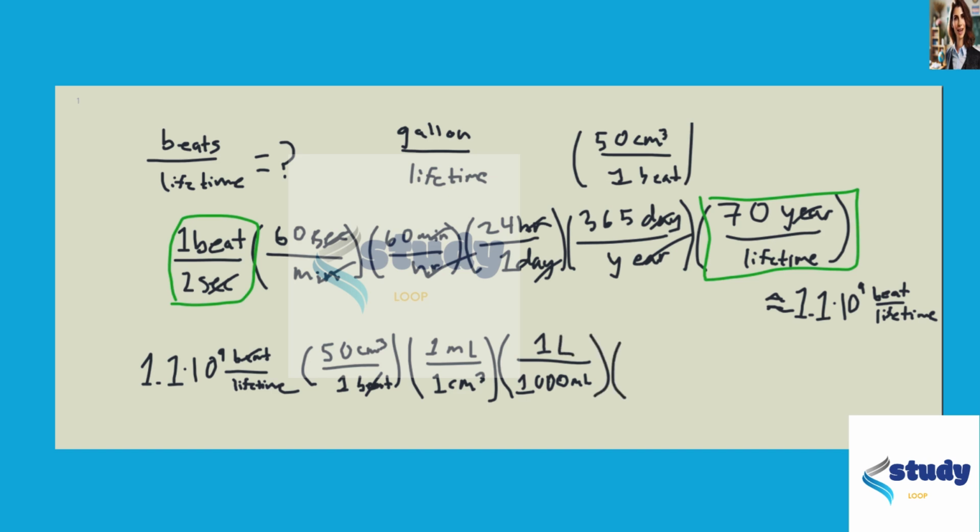And looking up a unit conversion table, we find out that for every gallon, there's about 3.78 liters. This gives us approximately 4.6 million gallons per lifetime. So this is how many gallons basically the heart ends up pumping in a lifetime.